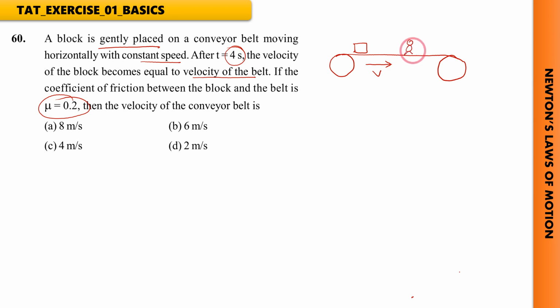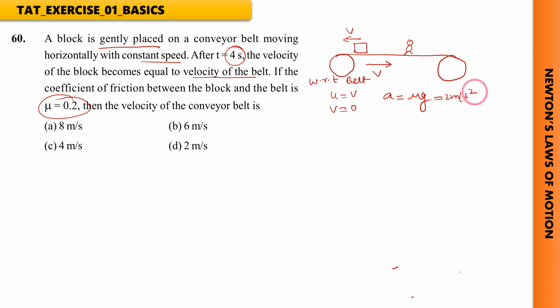So what appears to be the velocity of the block with respect to the belt initially? It is V to the left side, right? And finally when the block comes to rest with respect to the belt, the final velocity of the block will be 0. So the initial velocity is V with respect to the belt, and the final velocity of the block is 0. Now what causes this? There is acceleration, which is mu into g, that is 2 meter per second square.